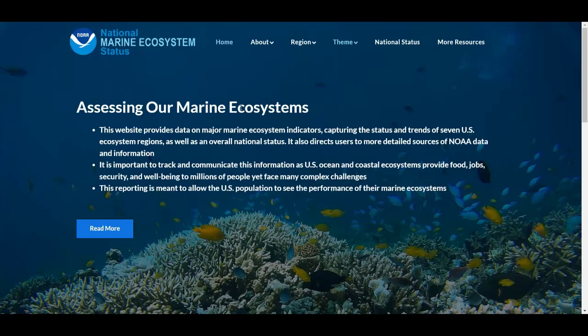And I think off the top of my head, NERRS has a couple of databases where you can explore data related to the estuaries specifically. I don't know those off the top of my head, unfortunately, but I know they do a lot of partnering with the National Ocean Service, which is a part of NOAA, as well as the USGS.